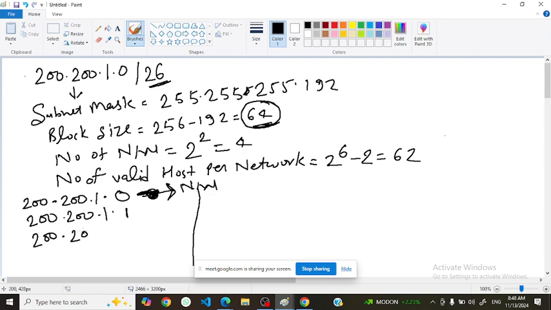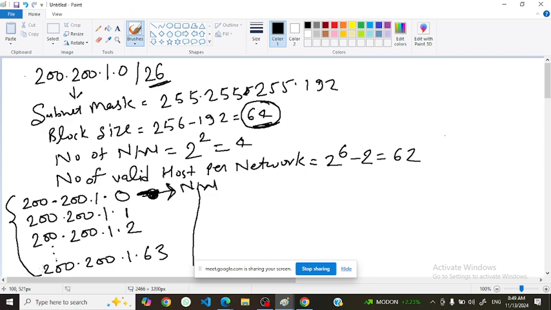Exactly. Similarly, it will go up to 200.200.1.63. This will be the first network.